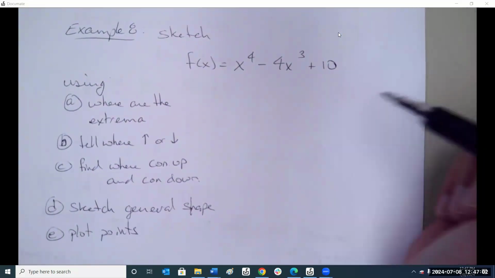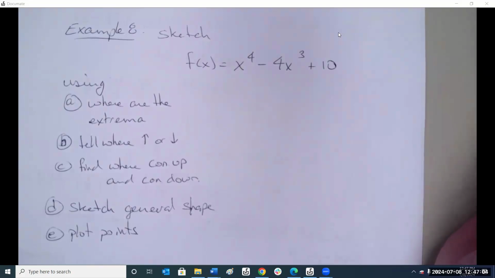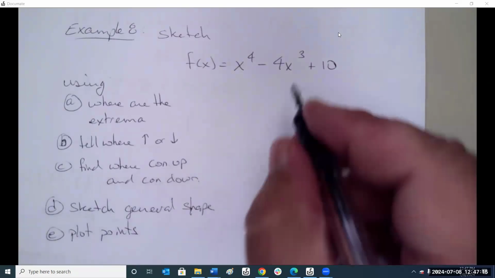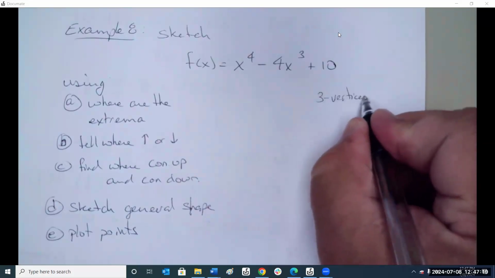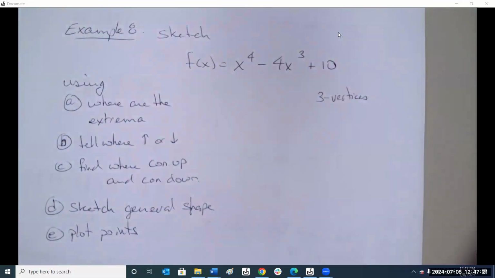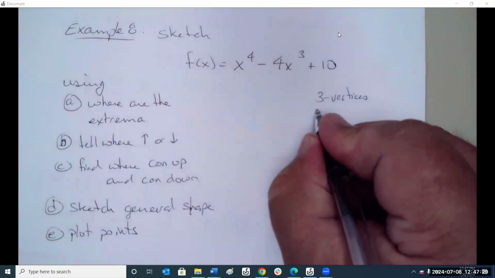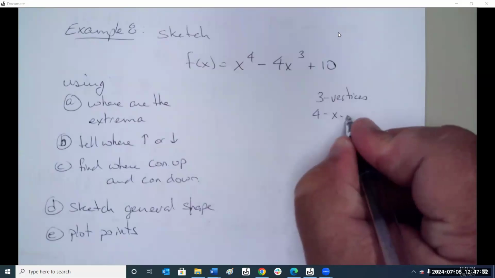So what do we know about this function so far? By looking at it, what can you tell me? At most 3 vertices. What else? At most 4 x-intercepts.